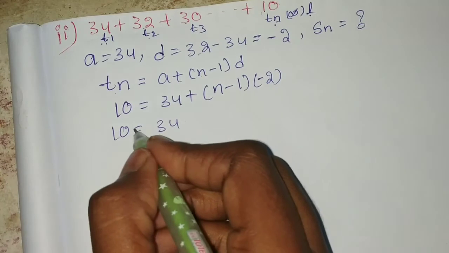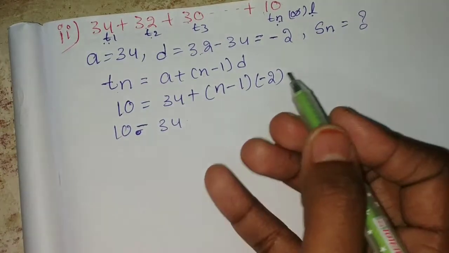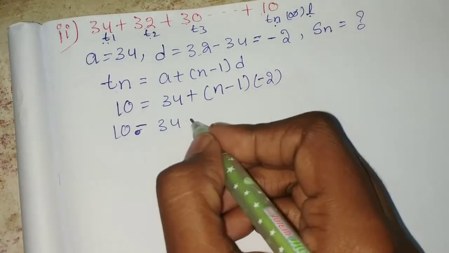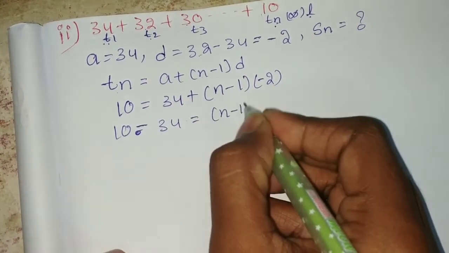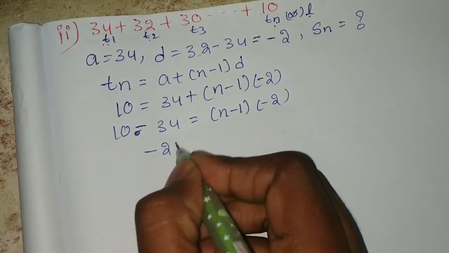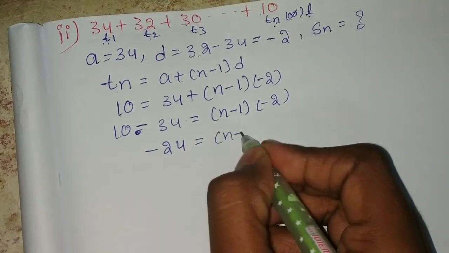So 10 is equal to 34 plus n minus 1 into minus 2. So why don't you write like this? 10 minus 34, since 34 is on the right side, we need to get it to the left side. It will become 10 minus 34 is equal to n minus 1 into minus 2. 10 minus 34 we get minus 24, right? So n minus 1 into minus 2.